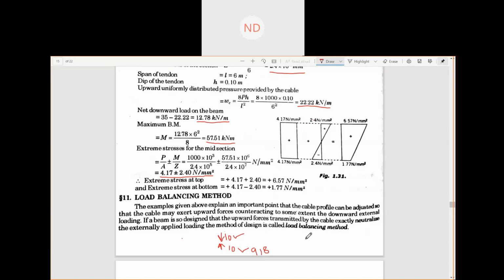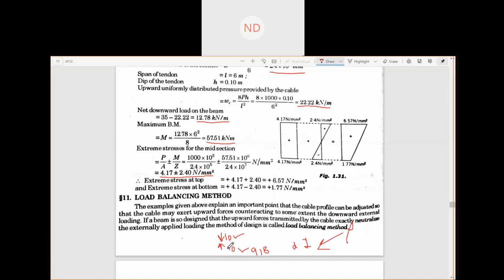That means we will decide how much dip is required and how much pre-stressing force is required, such that this upward load is exactly 10 kilonewton, so that it will neutralize the load.